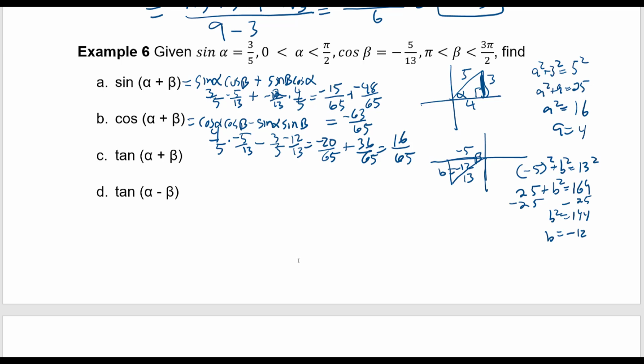So tangent of alpha is opposite over adjacent, so it's going to be 3/4. And tangent of beta is opposite over adjacent, so it's negative 12 over negative 5, so just 12/5.